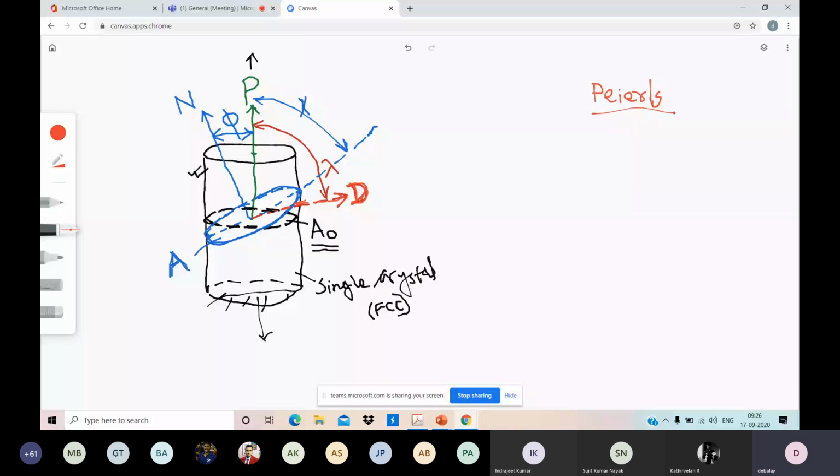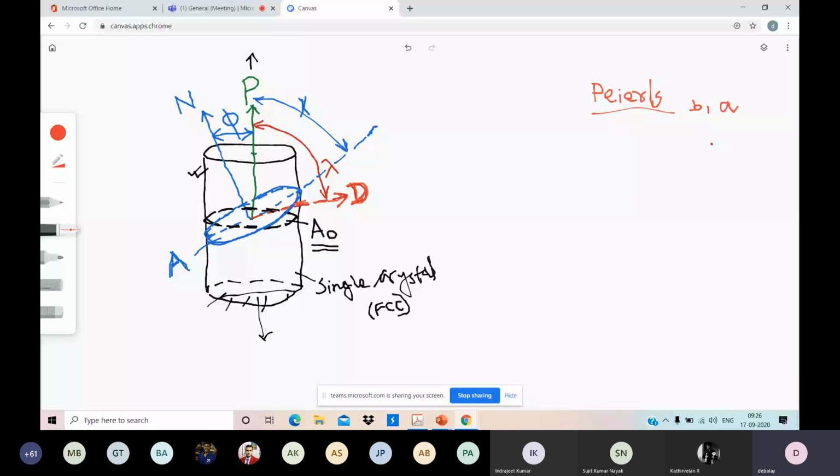Because if B is small and A is large, then we have seen the Peierls stress is less. So lattice friction will be less, so it will be easy to move a dislocation. So that identifies the slip plane and slip direction.